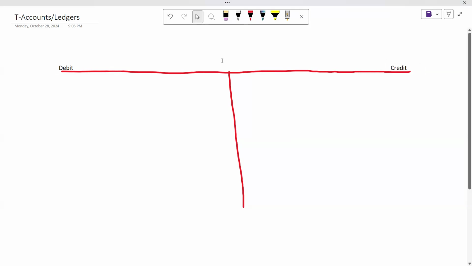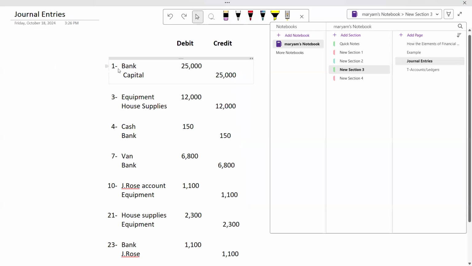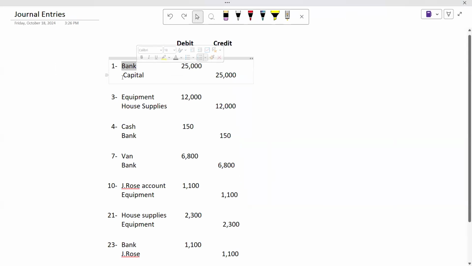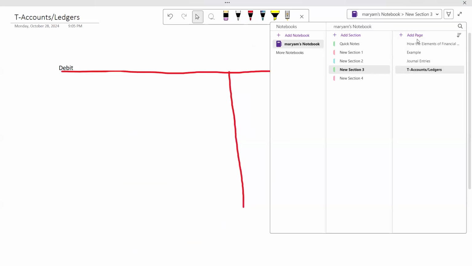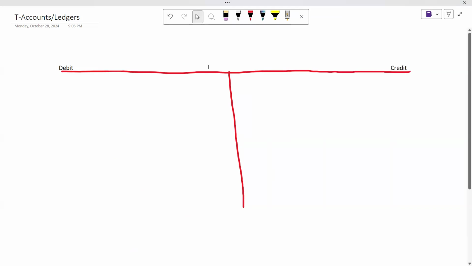For instance, in the previous example that we have here in the journal, you can pick any one account. Let's pick equipment just for the sake of an example. So I'm going to write equipment here, because this is going to be the name of this ledger or T account. So equipment, debit, credit. So what's going to come here?